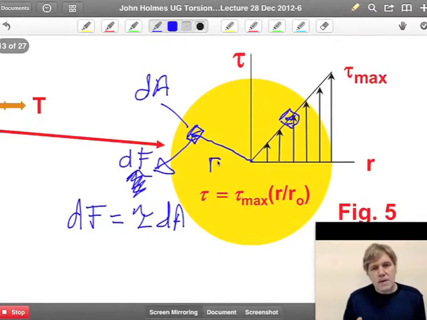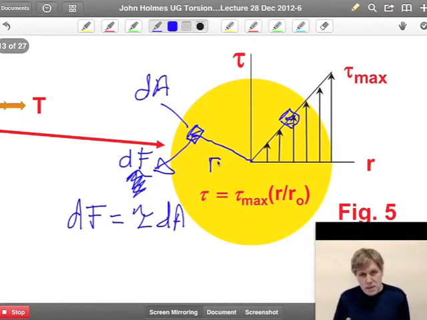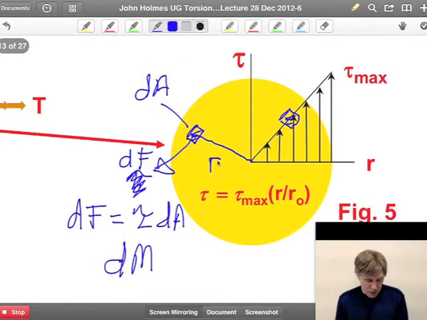That creates an internal moment, a resisting moment on this element. So we now have this differential moment that's developed, and the moment arm is nothing more than r, times this dF, this differential force.